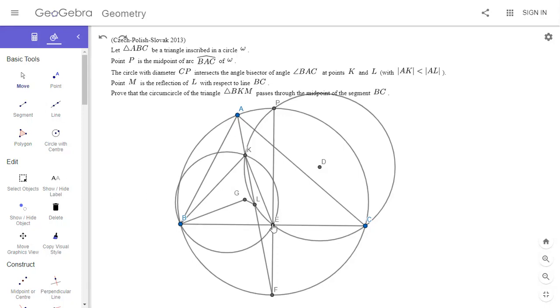I'm trying to show that BGLE is cyclic, right? Okay, let me write this out a little bit.